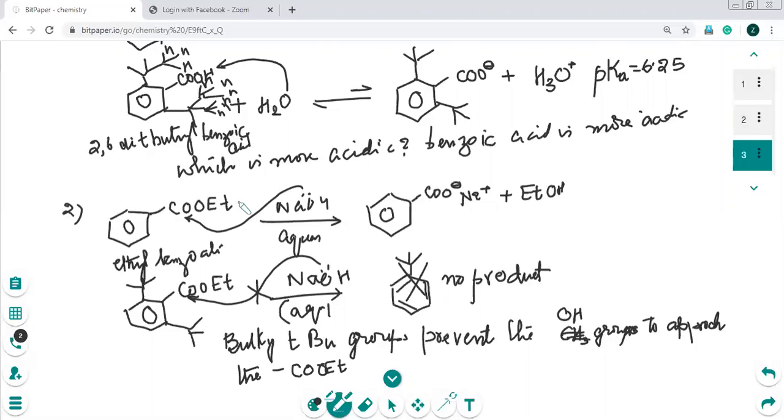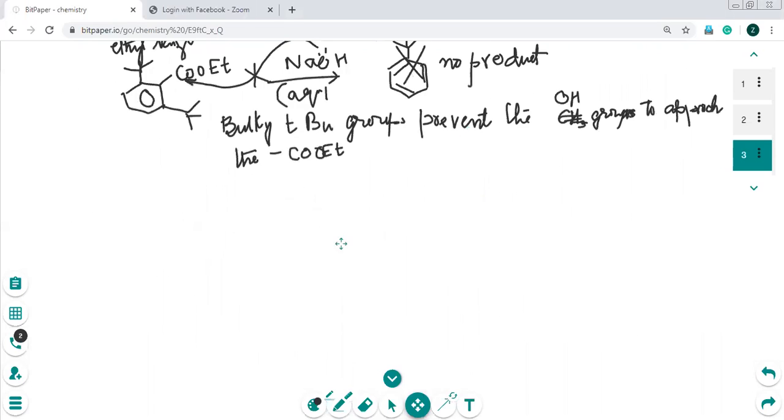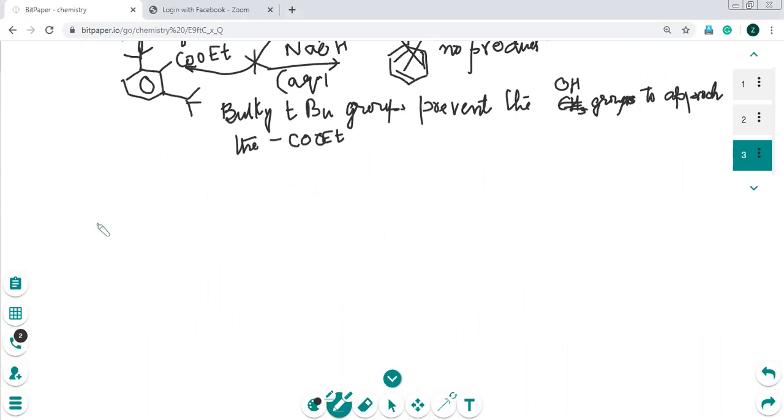Similarly, we have so many other examples, and I will write a few of them in case you are asked to explain. A third example is the esterification reaction, the reverse of what we have done.